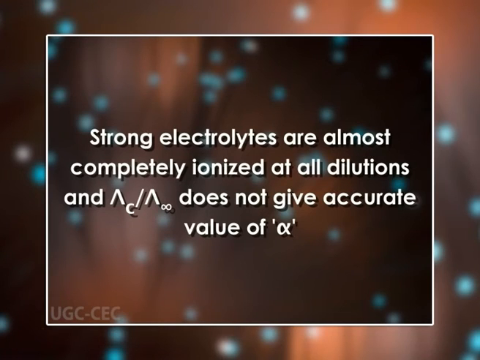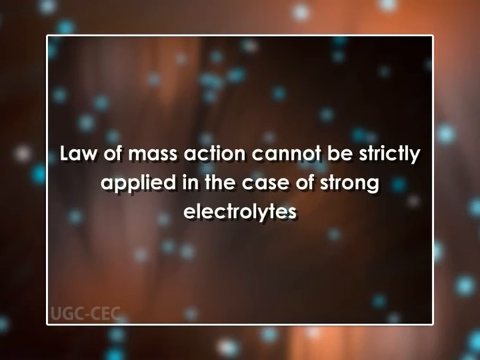However, strong electrolytes are almost completely ionized at all dilutions, and the ratio of conductivity at concentration C to that of conductivity at infinite dilution does not give an accurate value of alpha. When the concentration of the ions is very high, the presence of charges on the ions appreciably affects the equilibrium. Hence, the law of mass action in its simple form cannot be strictly applied in the case of strong electrolytes.